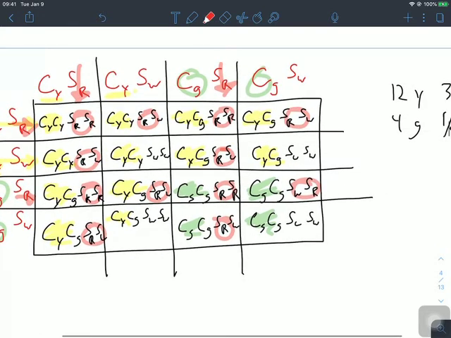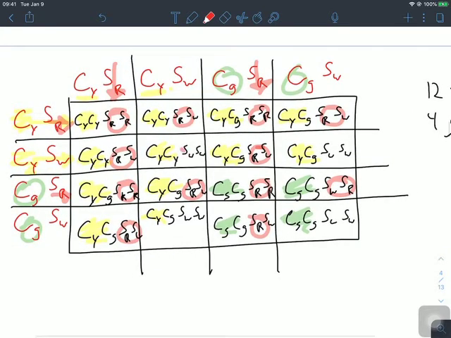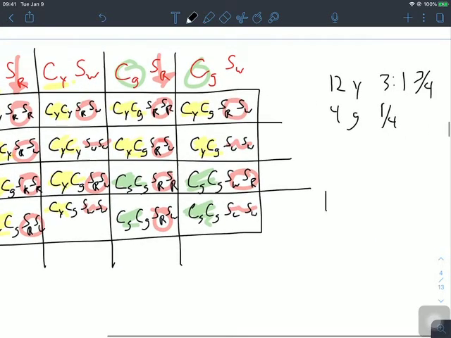Again, 12 round, wrinkled, wrinkled, wrinkled, wrinkled. 12 that are round, and 4 that are wrinkled. That's it. Gotta be paying attention to detail, making sure that your ratios are not off.